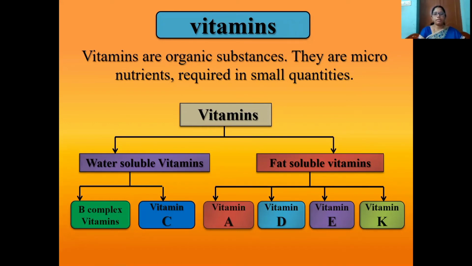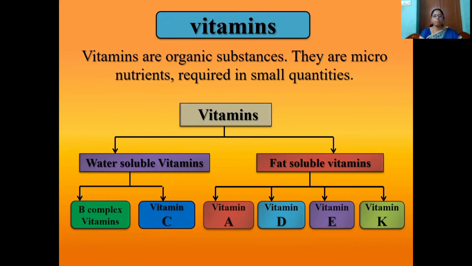Vitamins are classified into two groups. First one is water soluble vitamins and second one is fat soluble vitamins. The examples of water soluble vitamins are B complex vitamins and vitamin C. The examples of fat soluble vitamins are vitamin A, vitamin D, vitamin E, vitamin K. Now discuss about water soluble vitamins.